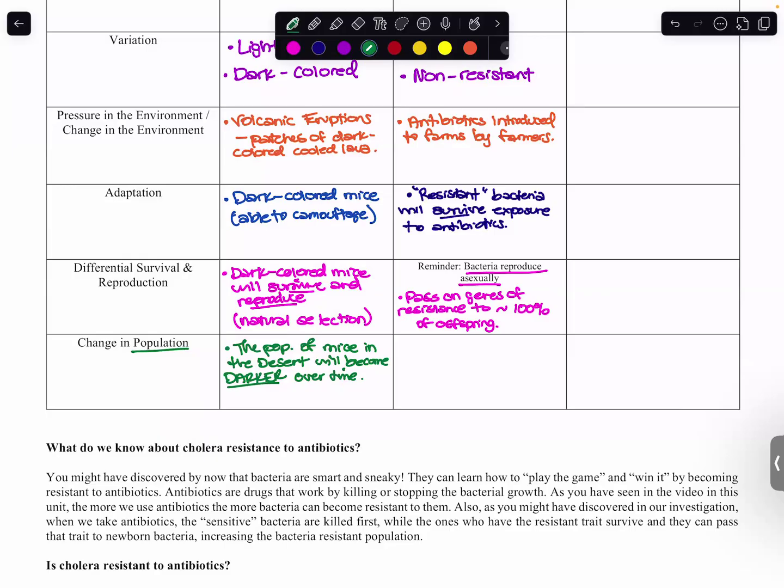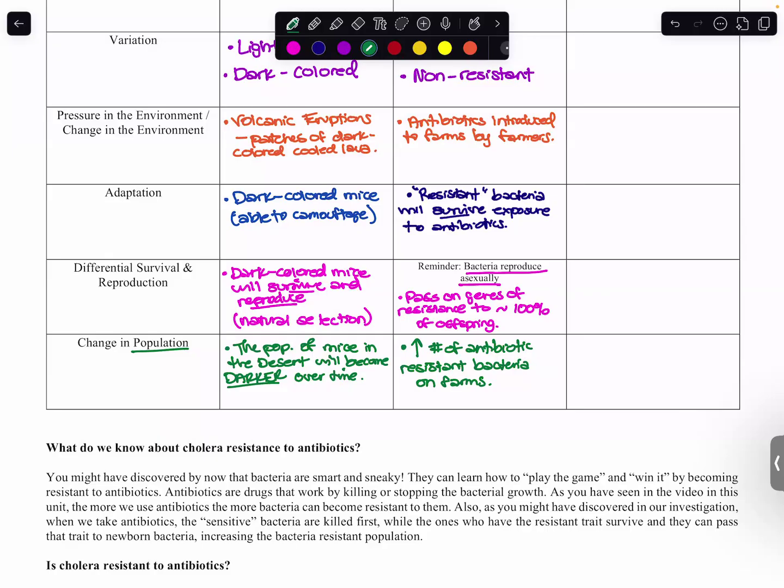And then finally, what we would expect over time for the population is that there's an increase in the number of antibiotic resistant bacteria on farms. We don't know if that number is going to go up to 100.